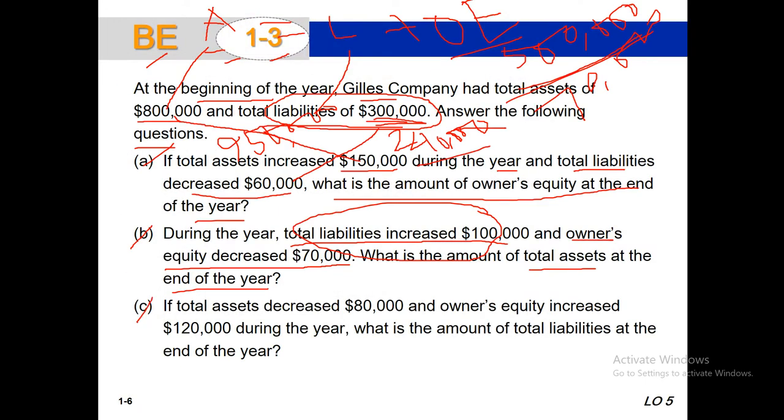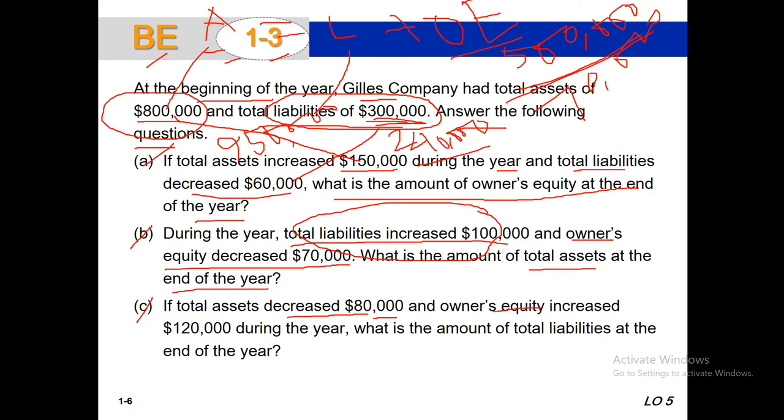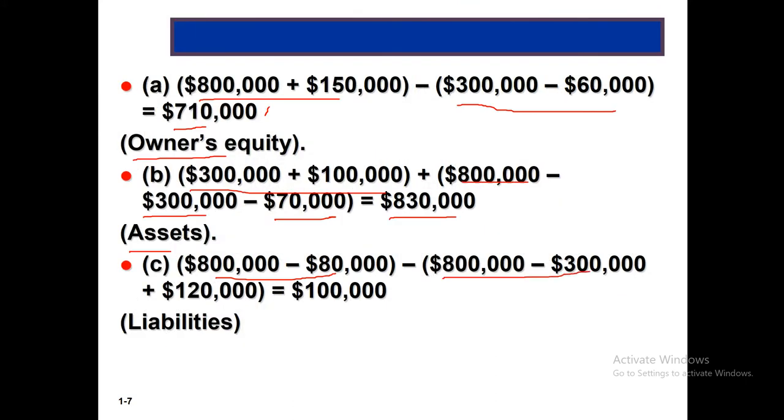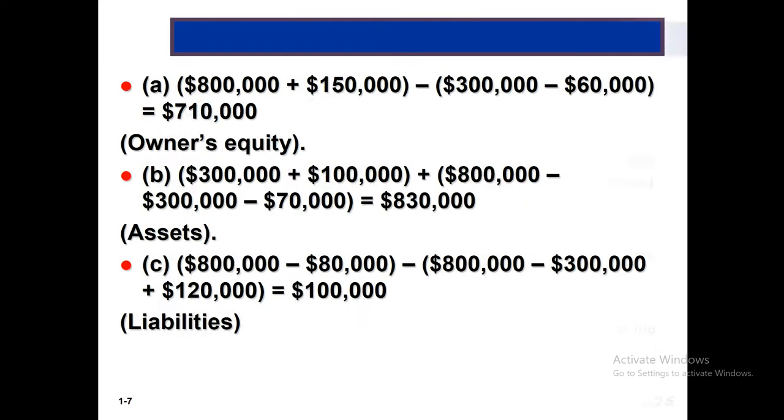Now see, total assets decreased 80,000. The total assets were 8 lakh and now decreased 80,000, so 8 lakh minus 80,000. And owner's equity changed by 1 lakh 20,000. Owner's equity was 5 lakh, that is 8 lakh minus 3 lakh, and the owner's equity increased, sorry, by 1 lakh 20,000.